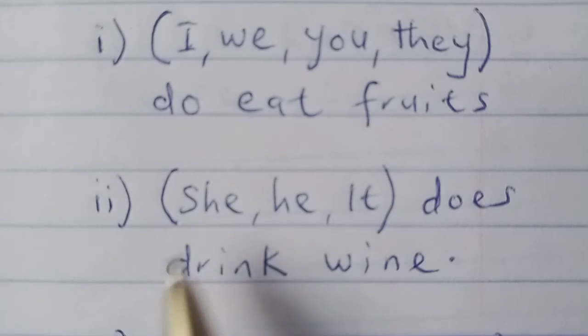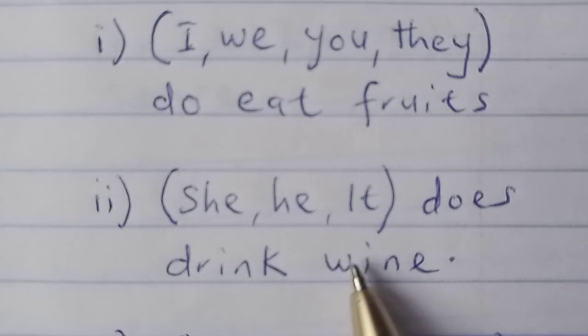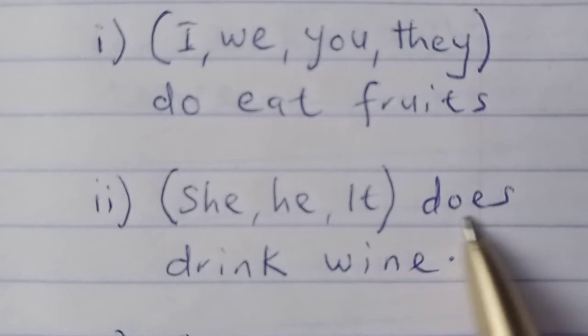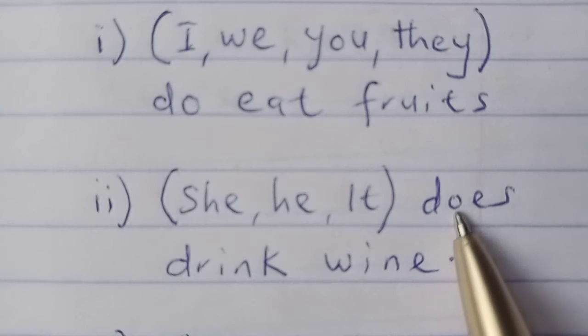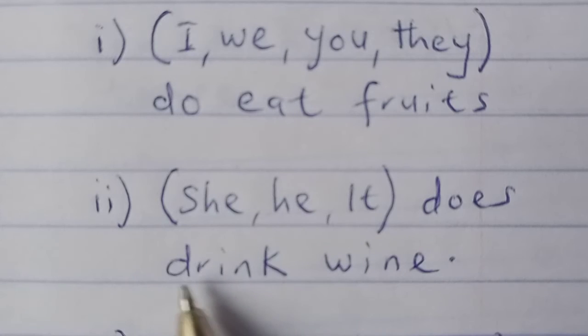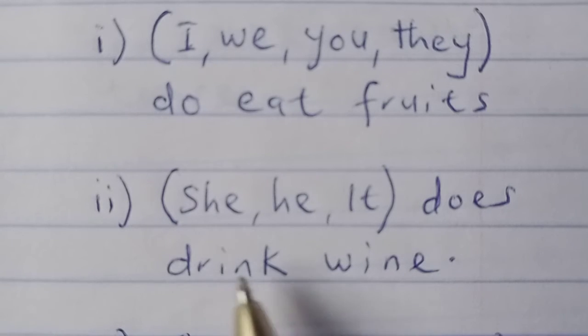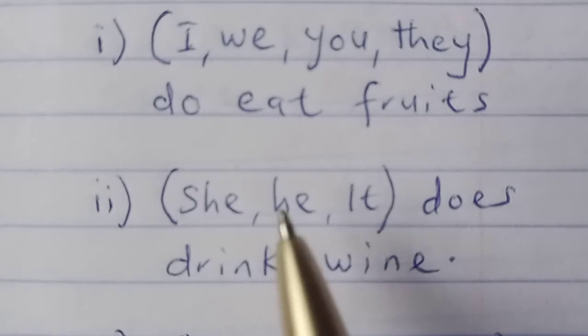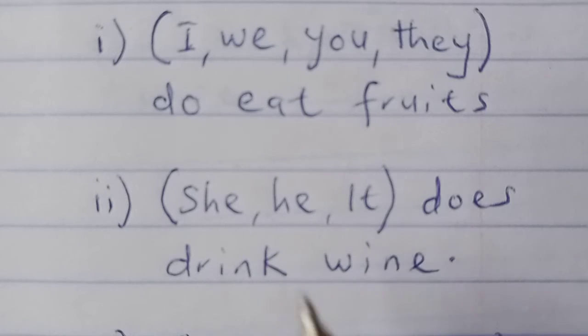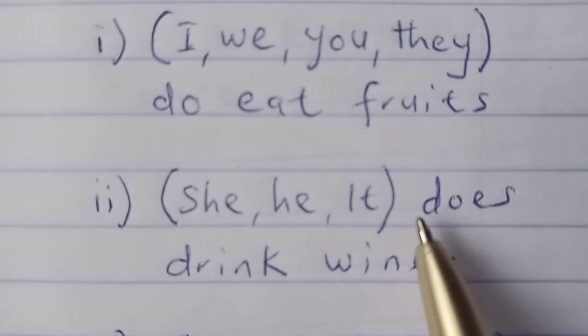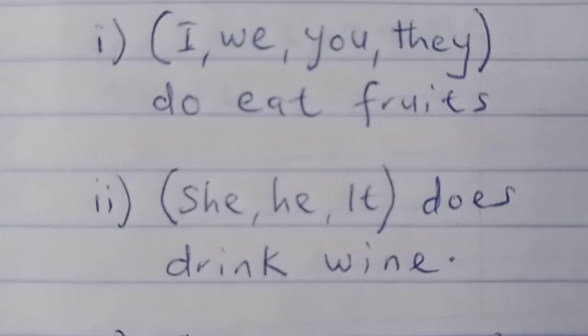Because you can say, she drinks wine, he drinks wine, it drinks wine. But when you use does here as an auxiliary verb, you are emphasizing the main verb drink. So she does drink wine, or he does drink wine, or it does drink wine. And so does here is playing an emphatic role in this sentence.